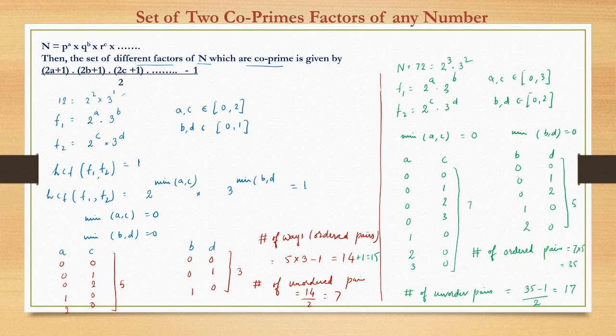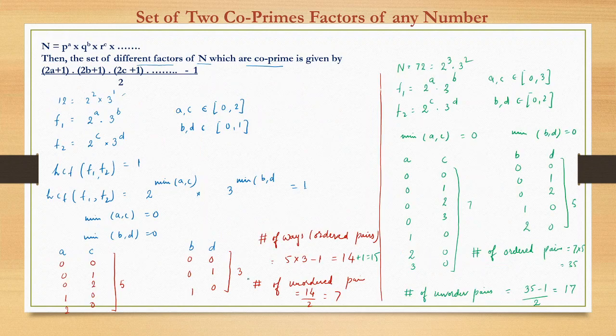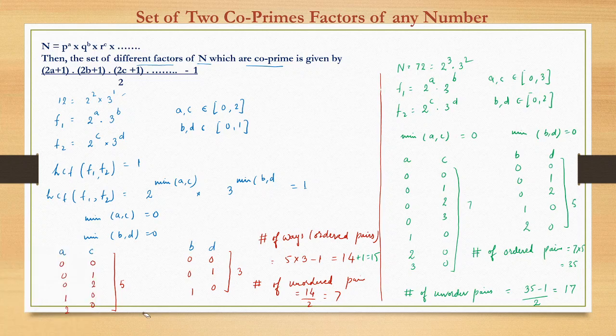So this way we can approach the questions. This is another way of approaching questions of this pattern. And this is what we had got here also, 17 as the answer.